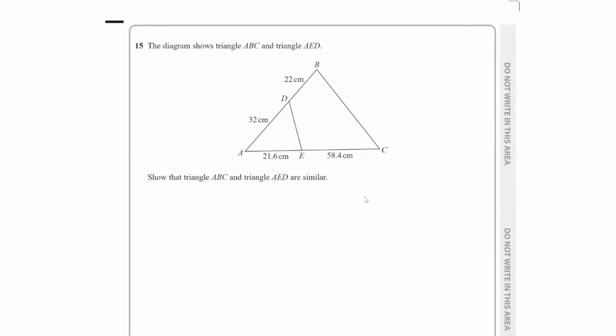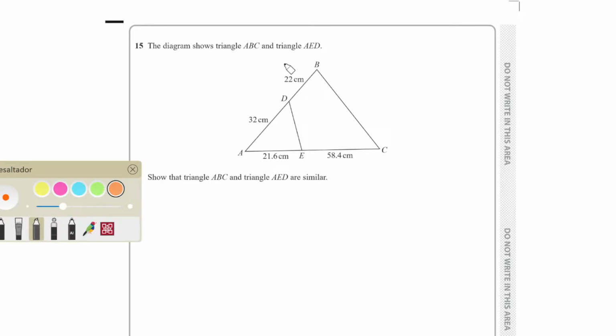When you try and find a scale factor, you normally have the side length of one of the triangles divided by the side length of the other triangle. But it has to be the matching side length, doesn't it? In this case, we have to pay attention to which way round they've said.